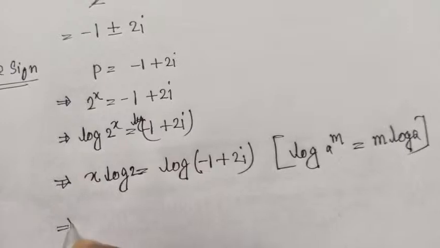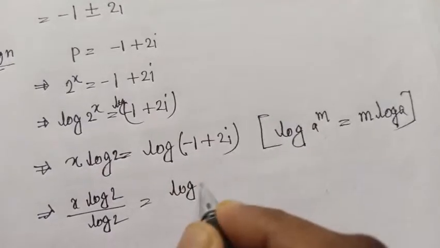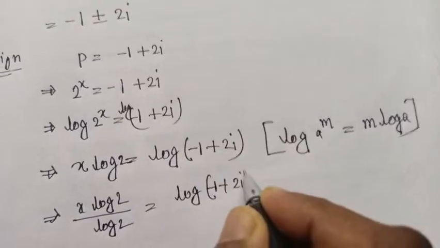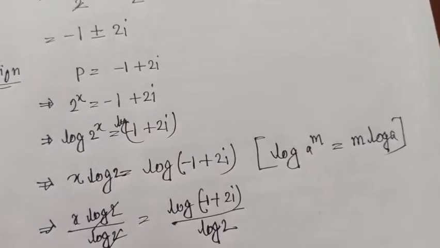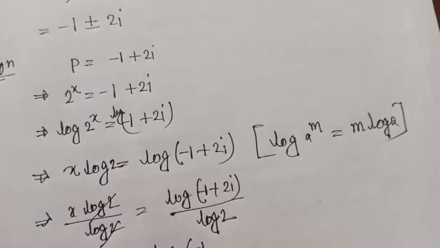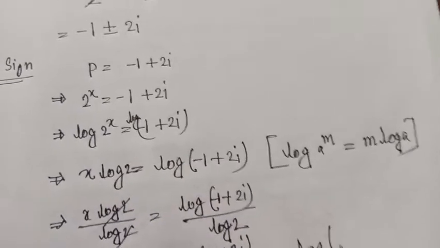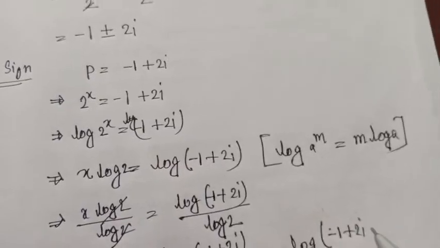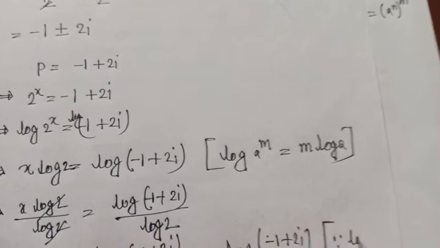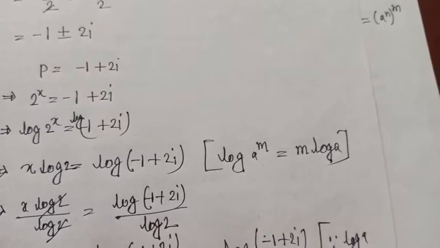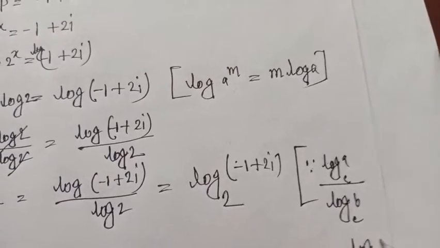Now if we divide by log 2 on both sides, that will cancel out and x becomes log of minus 1 plus 2i by log 2, and it becomes log of minus 1 plus 2i base 2, as log a base c by log b base c is equal to log a base b.